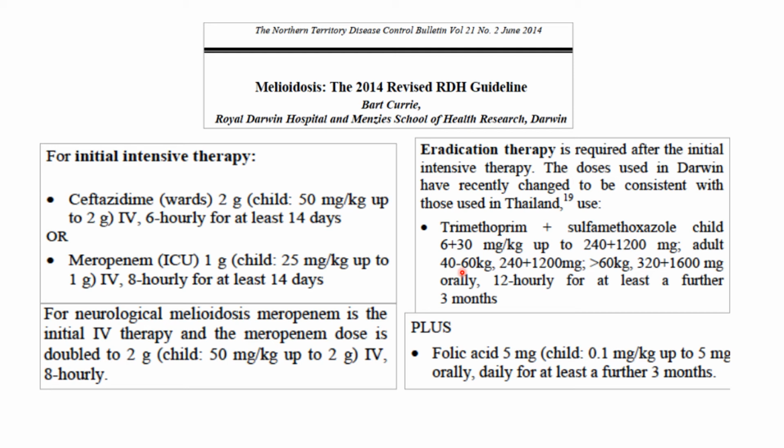In adult patients who are 40 to 60 kilos, they use about 240 milligrams of trimethoprim and 1200 milligrams of sulfamethoxazole. It comes to an average of about 2 to 3 tablets, depending on whether you are less than 60 kilos or more than 60 kilos. Usually the eradication phase is for about 3 months. And don't forget to add on your folic acid.